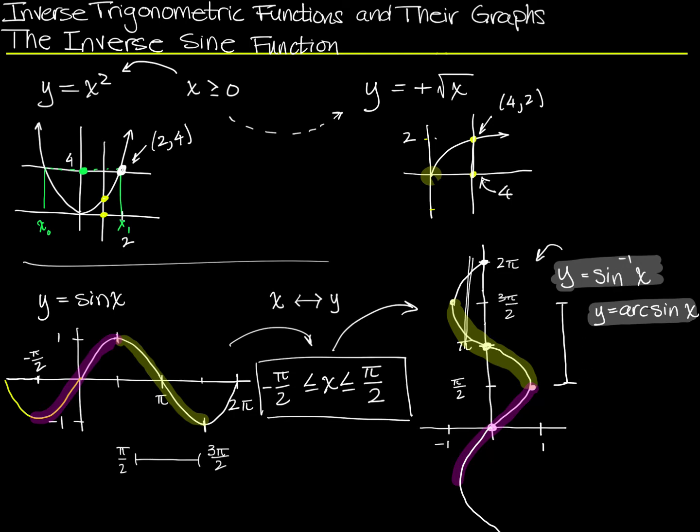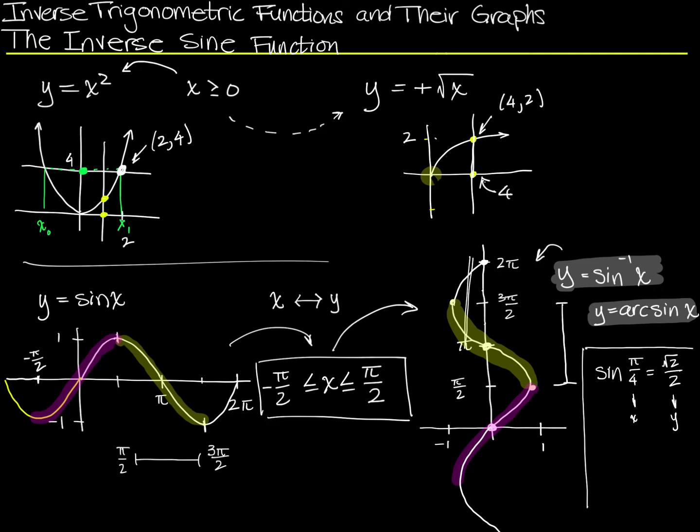Now, what it means to be the inverse sine of something, let's use a numerical example here. Let's say that the sine of pi over 4, we know this to be the square root of 2 over 2. And this is my x value, my input value, my independent variable.